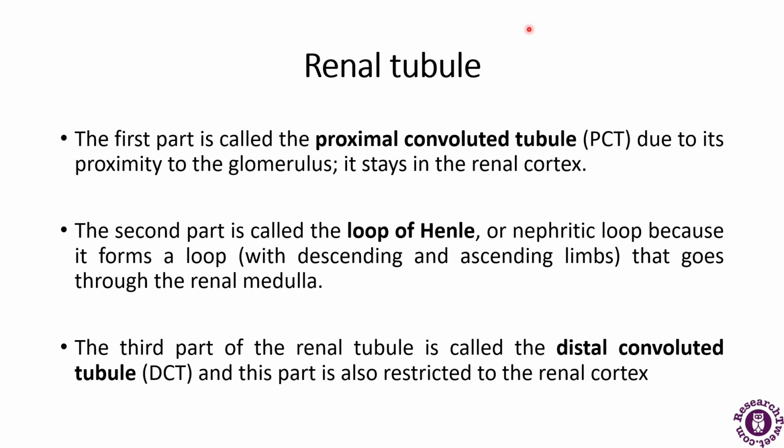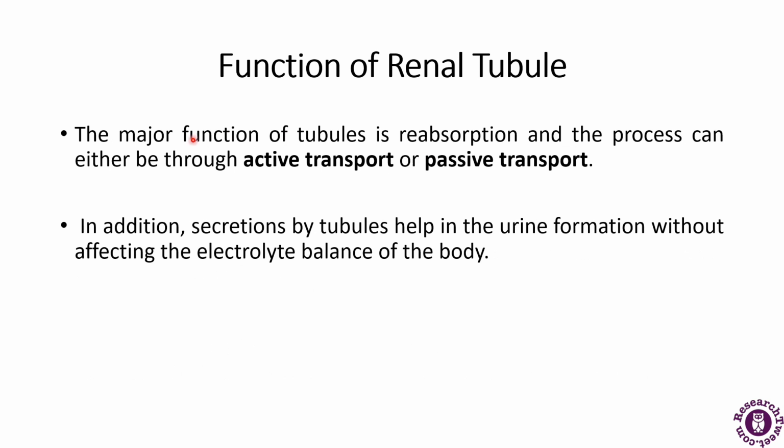Now, what are the major functions of the renal tubule? The major functions include reabsorption, which can be either active transport or passive transport. In addition to these, there are various secretions by the tubules that help in the urine formation without affecting the electrolyte balance of the body.